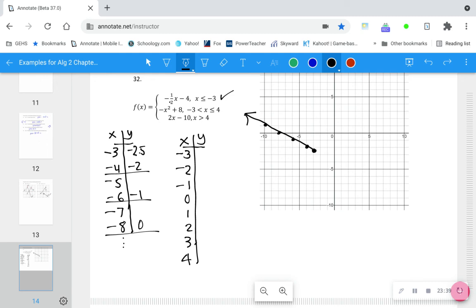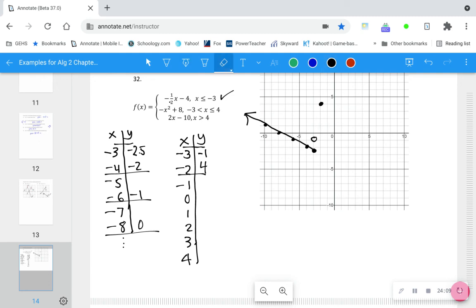Change the sign, -9. -9 plus 8 is -1. And that's an open dot because it says that it's greater than -3, but does not let us be equal to -3. Okay, this one here, -2 times -2 is 4. Change the sign because of that. -4 plus 8 is 4. So -2 and 4.